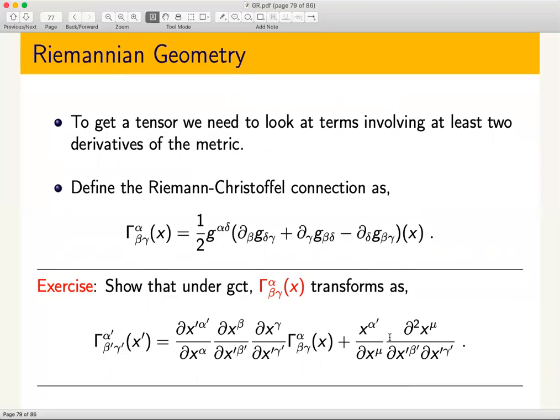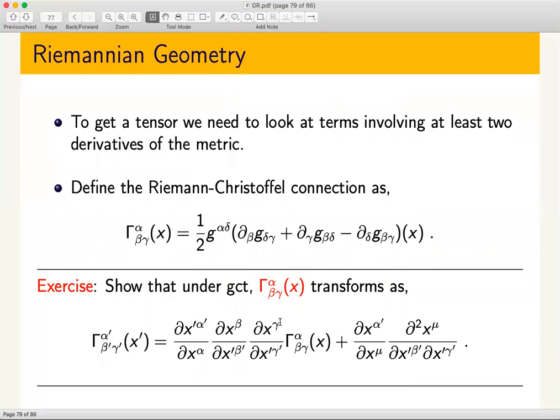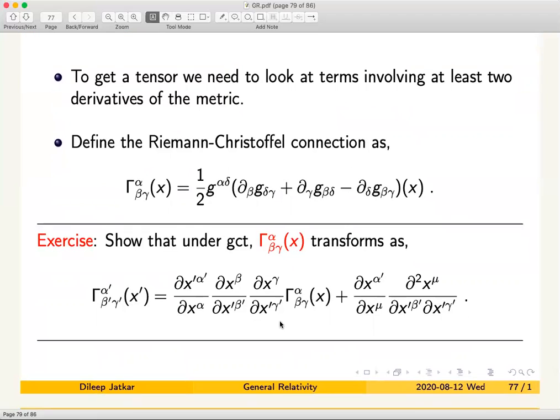Fine, I will correct it. So you can check that this definition of gamma alpha beta gamma has the same transformation property that our earlier definition of gamma alpha beta gamma has.